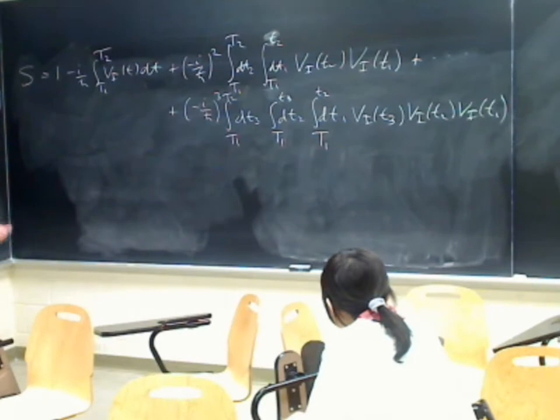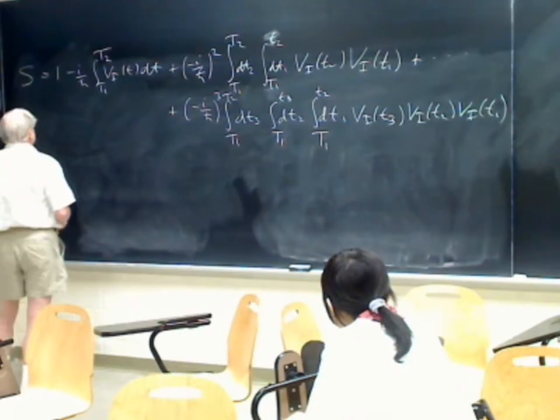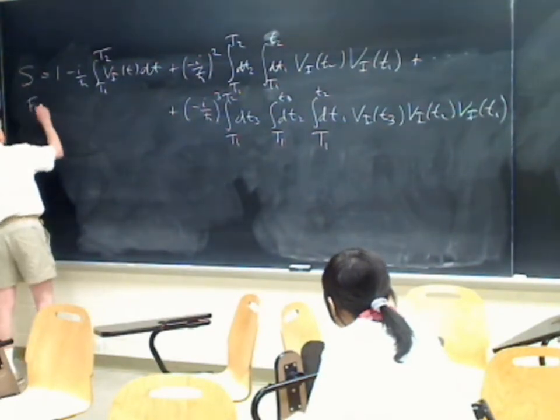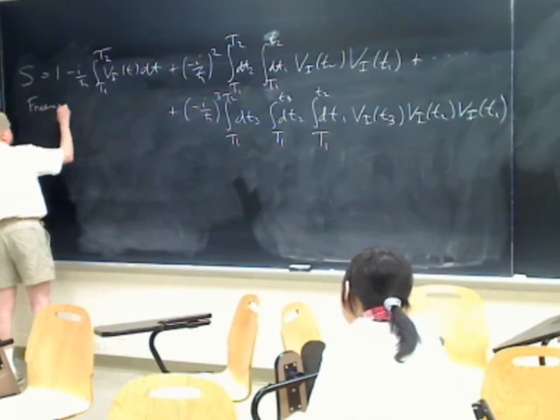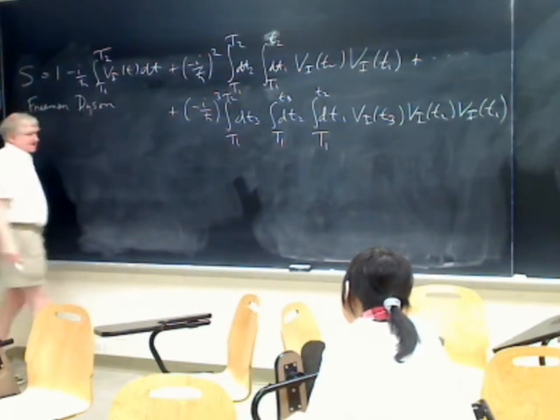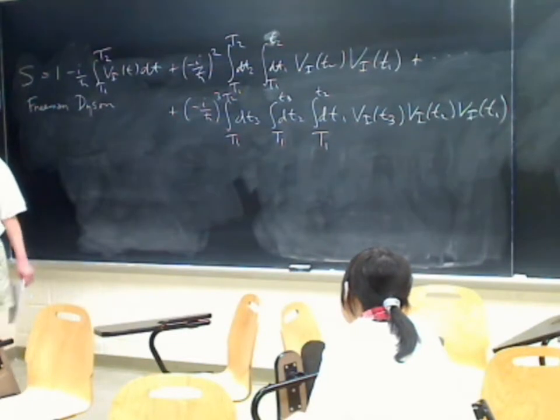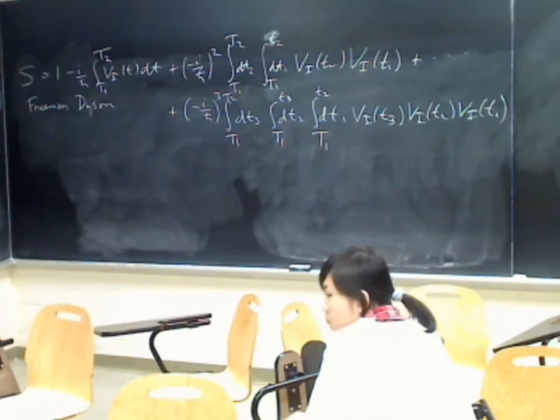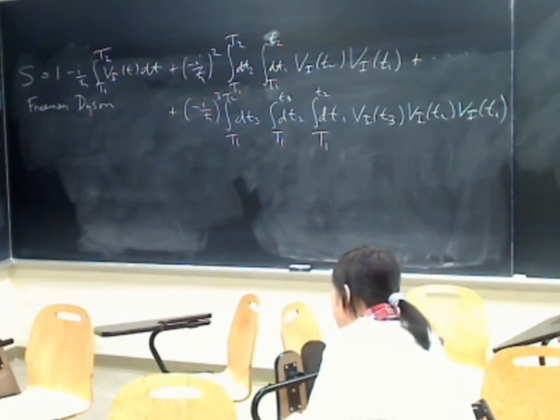So this series, I think, was first written down by someone who's still alive, actually, Freeman Dyson. He's at the Institute for Advanced Study. In fact, he's been there for a very long time, and he's always been skinny.